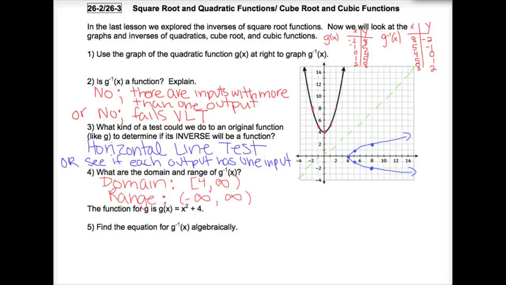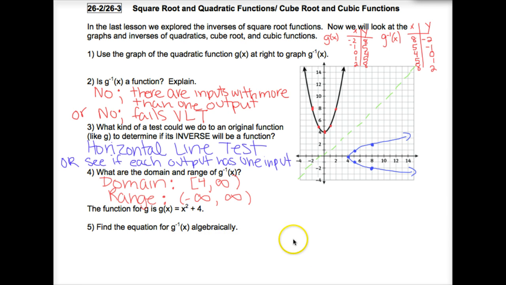All right, next, it tells us that the function for g, so my original graph that I had, is g of x equals x squared plus 4. So you probably could have figured that out without them telling you based on your knowledge of the quadratic parent graph and transformations. But the next thing it wants you to do in number 5 is to find the equation for g inverse of x algebraically.